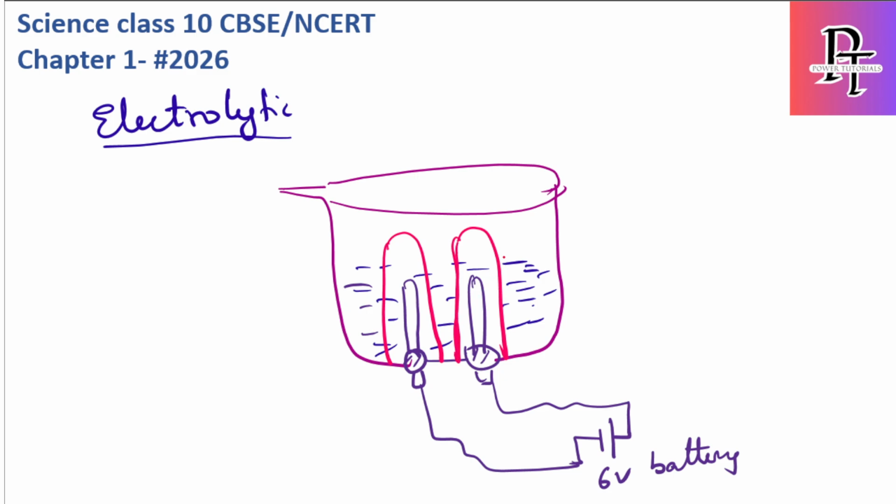What will happen if you keep a test tube in a container containing water? It will move up a little bit. So the water now rises up a little. Here let's assume it is rising up. So now you can understand that the water is rising.